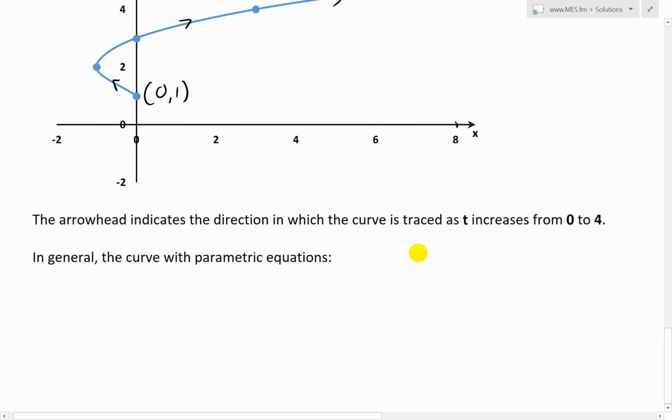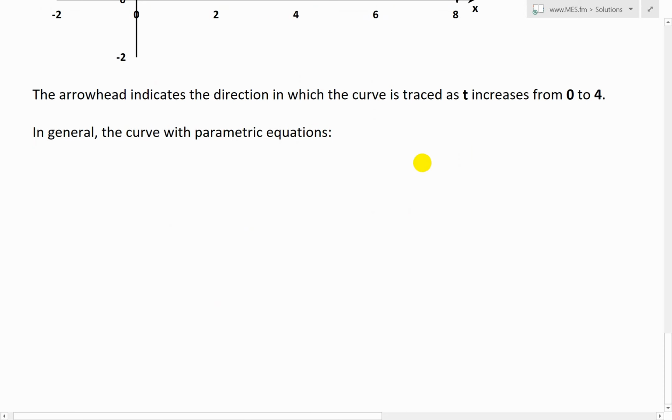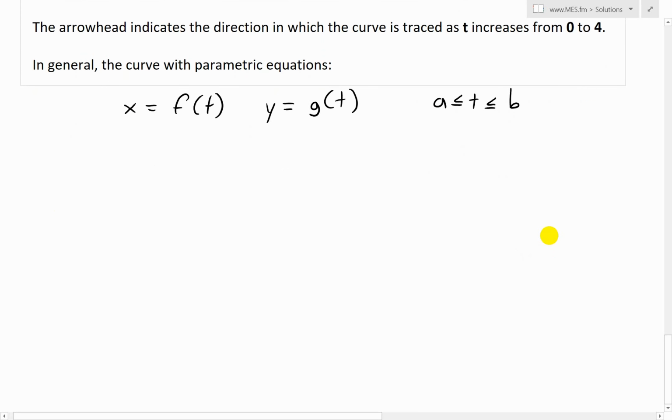Now in general, for a curve with parametric equations x equals f of t and y equals g of t, if we restrict t to be greater than or equal to a but less than or equal to b, then what we have is an initial point on the curve, defined as the point f of a and g of a.